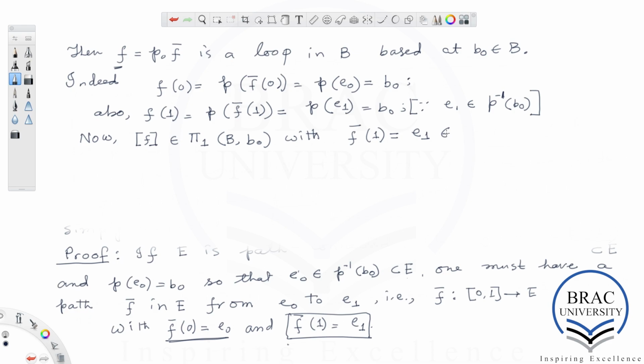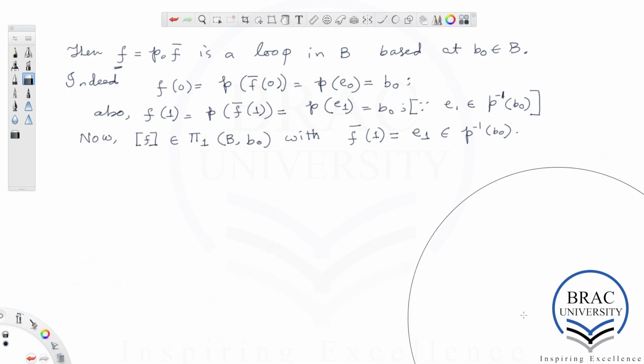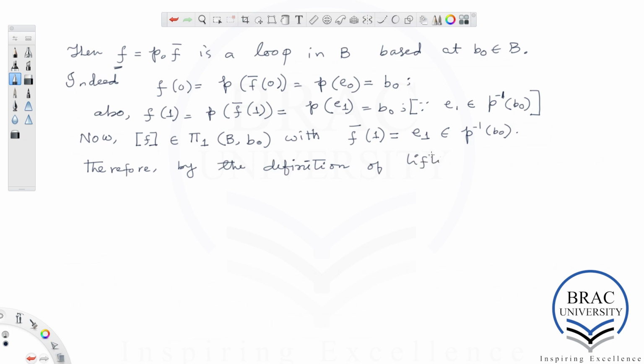Which is of course an element of this set, the inverse image of B0 under P. Therefore, by the definition of lifting correspondence, phi of this class of F is equal to E1, the final point of the lift F bar.